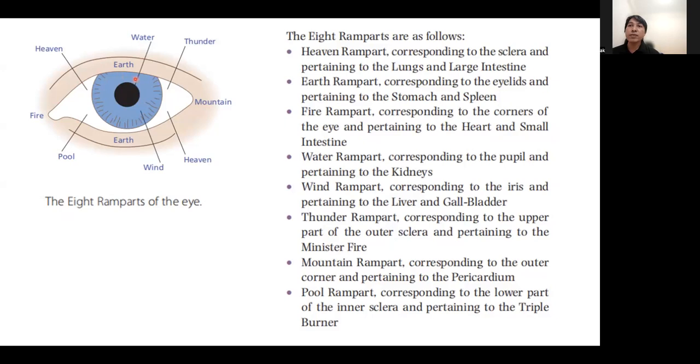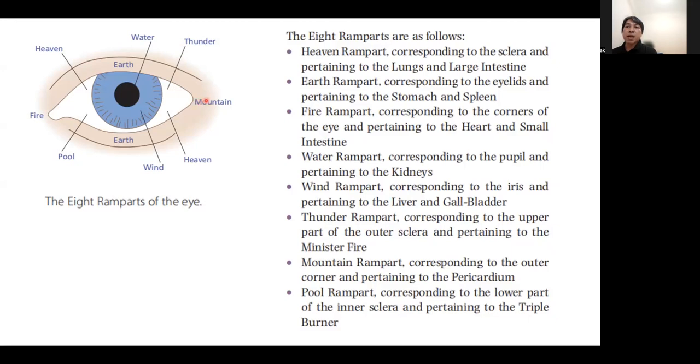The next, wind rampart, corresponding to the iris and pertaining to the liver and gallbladder. Next, thunder rampart, corresponding to the upper part of the sclera and pertaining to the minister fire.